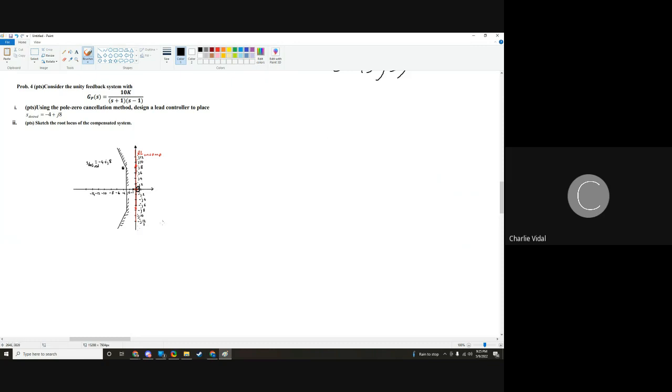So let's do the problem normally for now. You have a theta z, and this is equal to the same as this value over here. So theta z is equal to theta p1, which is equal to 180 minus inverse tangent of 8 over 5.